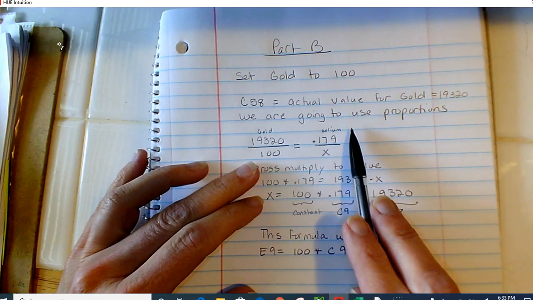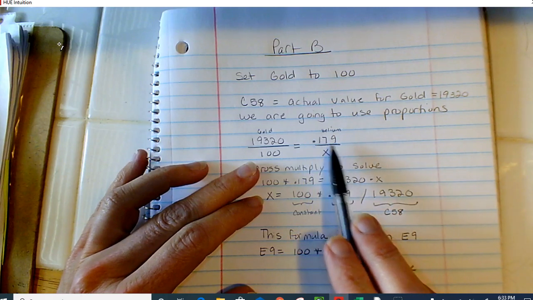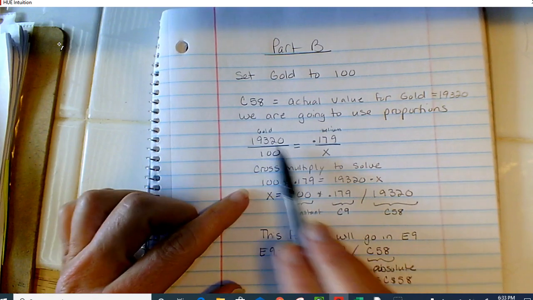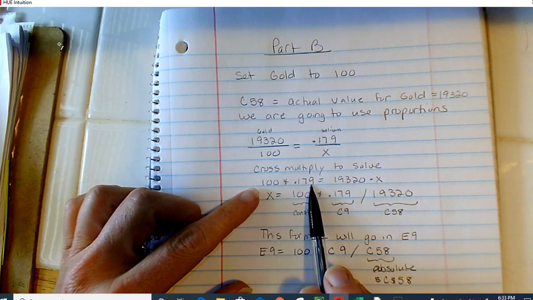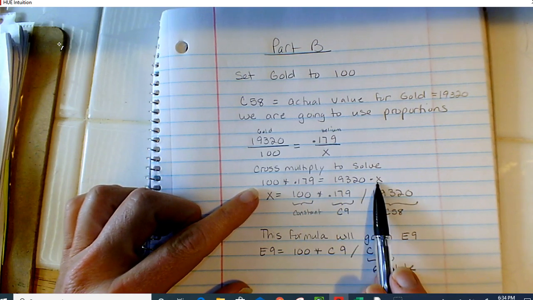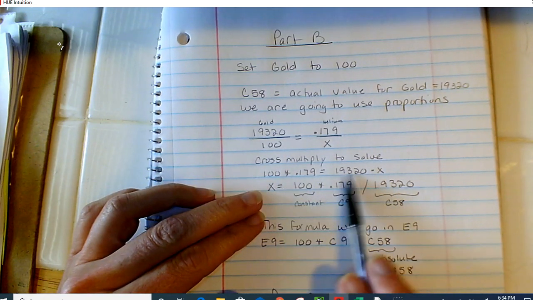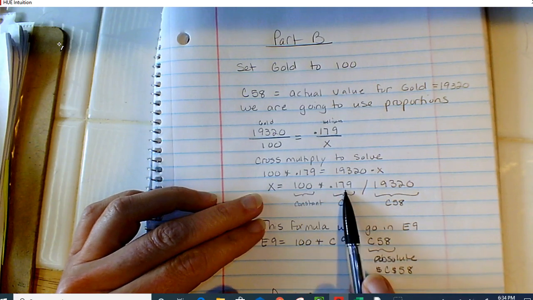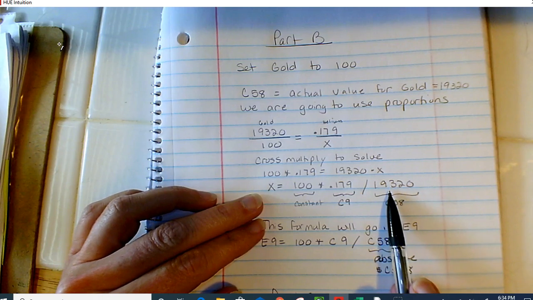And for example, helium is 0.179 over x. So if I cross multiply now, I end up with 100 times 0.179 equals 19,320x. And then if I divide by the 19,320, I end up with x equals 100 times 0.179 divided by 19,320.